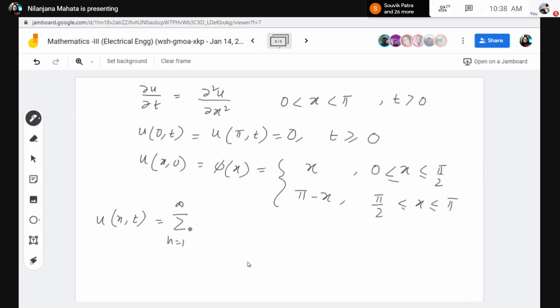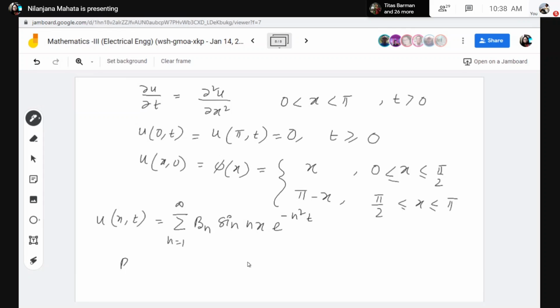The solution u(x,t) is the summation of bn sine nx, e to the power minus k n square t, where k is 1.